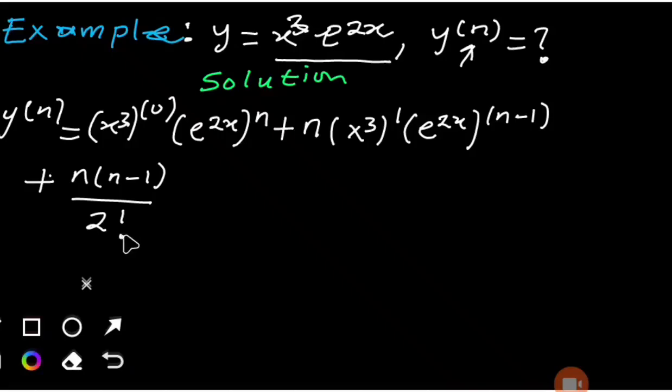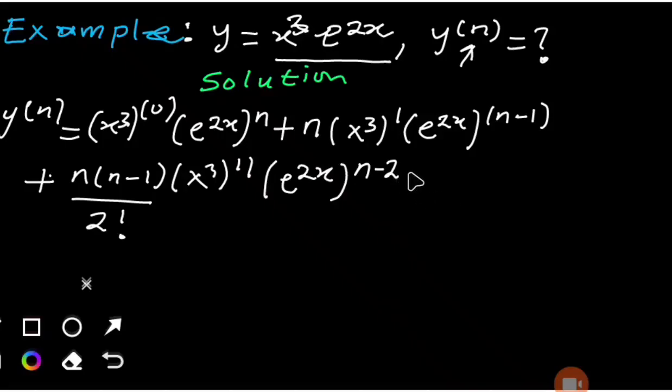You can go back to your binomial expansion so that you will remember this. Then the derivative of x cube increases by 2, while the derivative of the exponent of 2x reduces by 2.